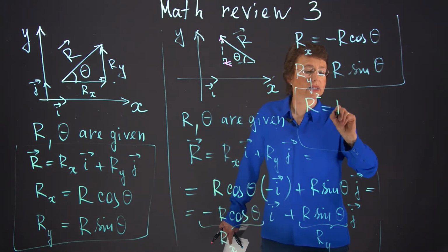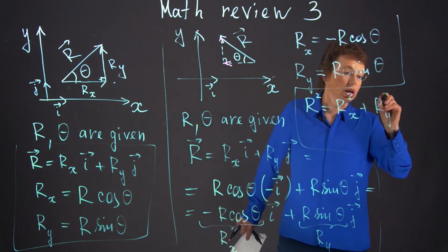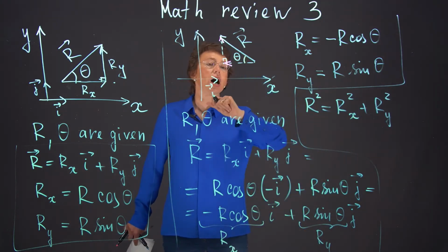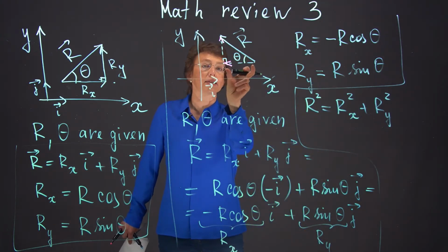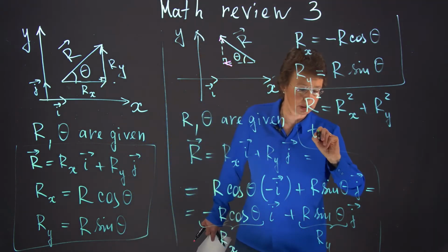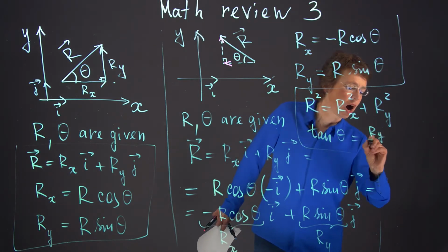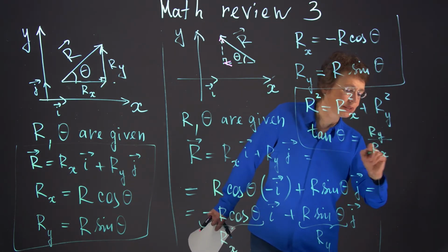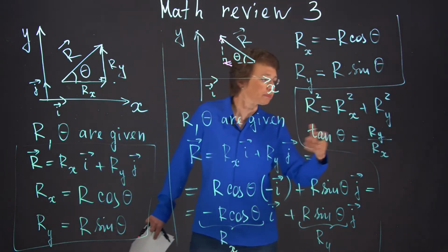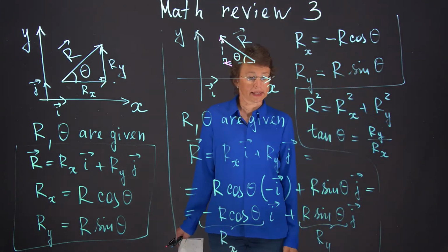R squared is rx squared plus ry squared. And this is the magnitude of the resultant vector r. And again, if r sub x and r sub y are given, how to find the angle? We know what to do. Tangent theta will be equal to ry over rx, opposite to adjacent. It could be positive, could be negative, depending on the sign of the projections of y and x.